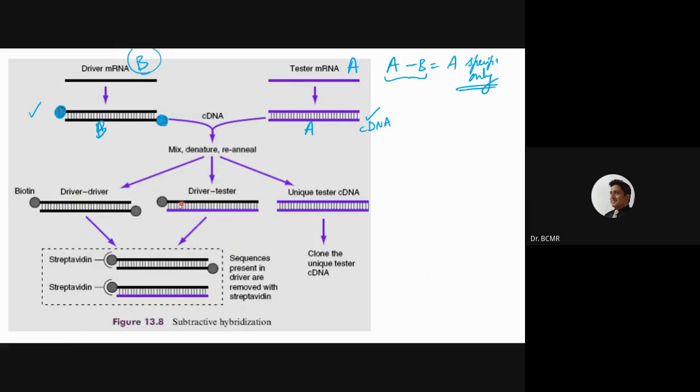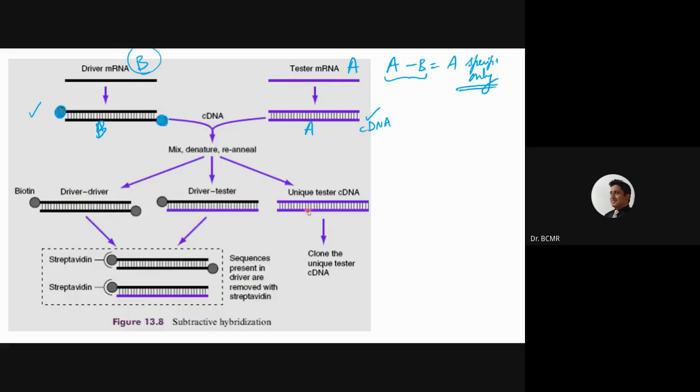Hybrid in the sense that one is labeled with biotin, the other one is not labeled. And there will be some that do not have any partners.